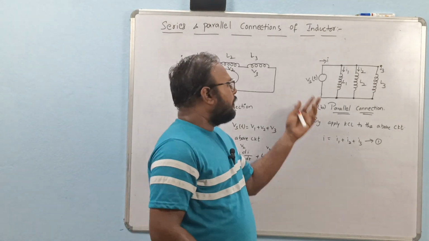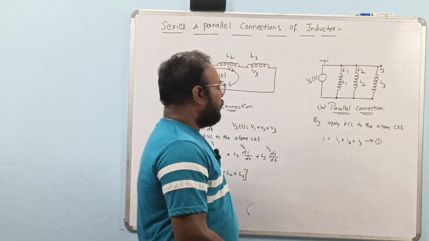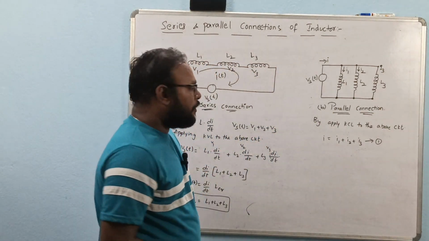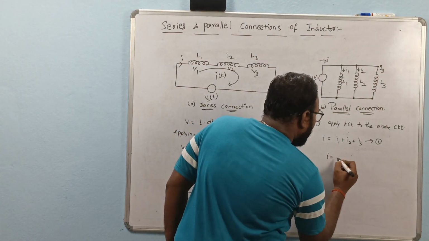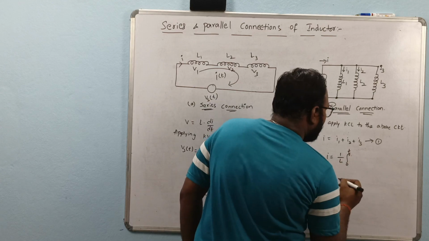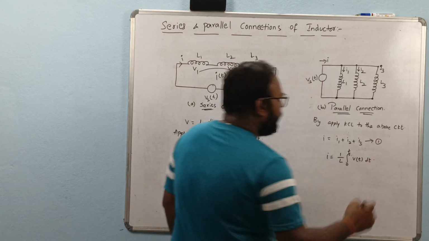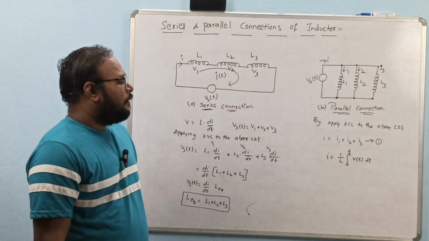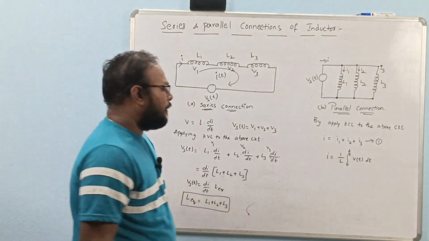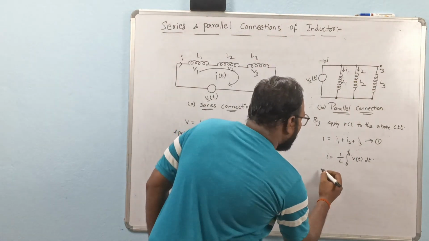Here the sum of the currents entering the node is equal to the sum of the currents leaving the node. For the inductor element, the current equation is i is equal to 1 by L integral 0 to t V of t dt. Now substitute this for all the inductors.